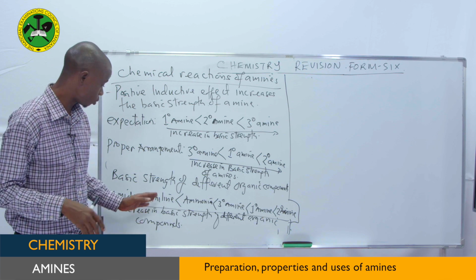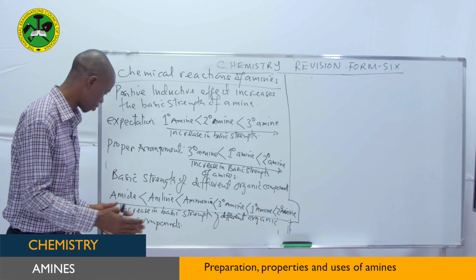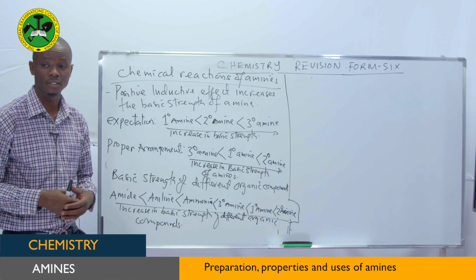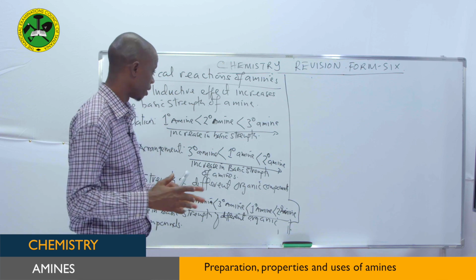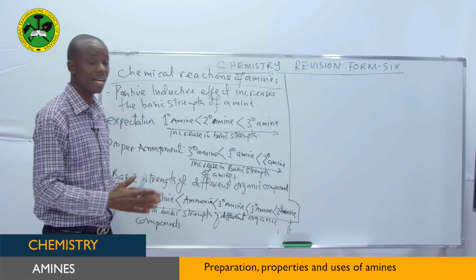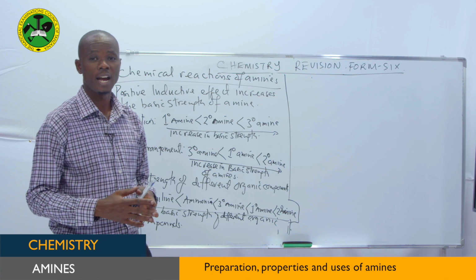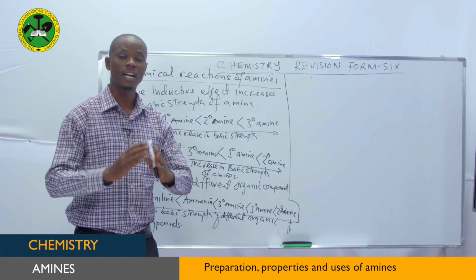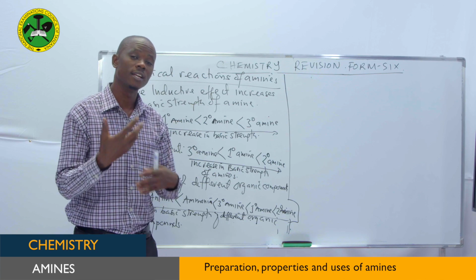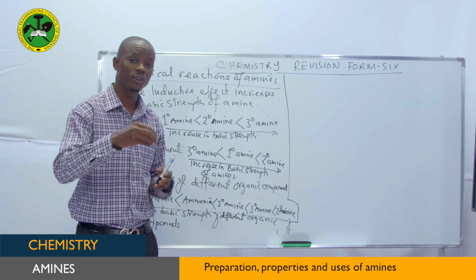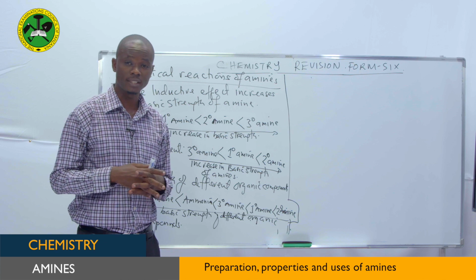I will come to explain to you as we are going to see some examples of how these ones are different from each other. Now, my dear students, we can see some chemical reactions, because we have seen how different classes differ in terms of reactivity and how they donate a pair of electrons during organic reactions.